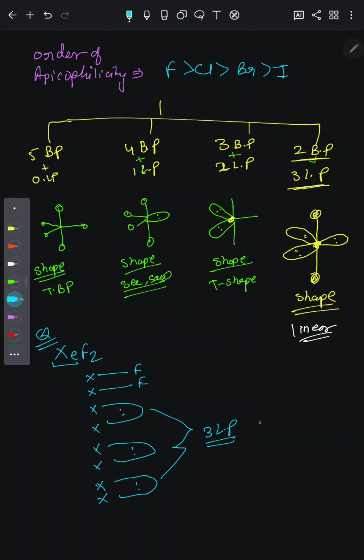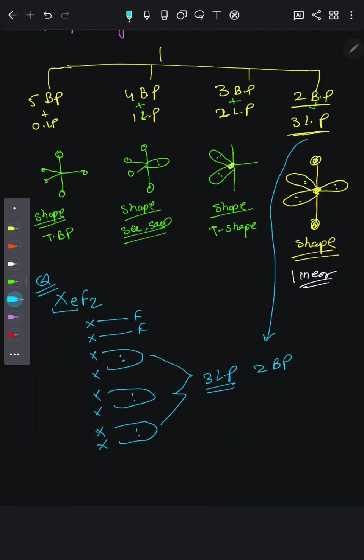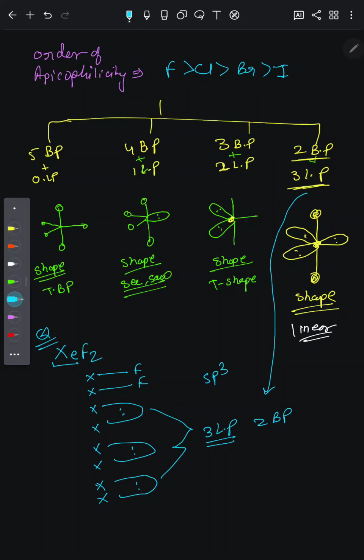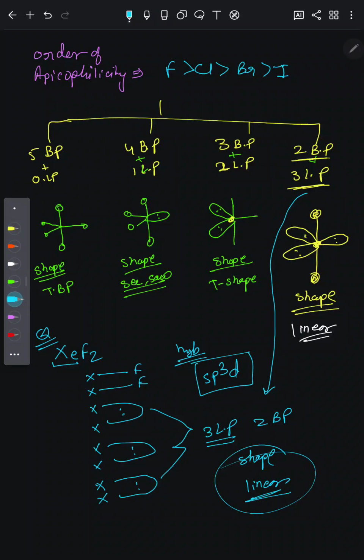So this will be an example of sp3d hybridization, and the shape will be linear.